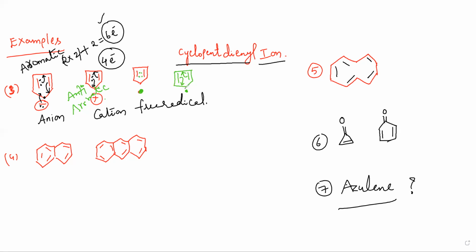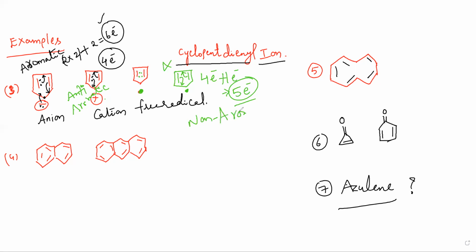Total electrons involved in conjugation: 2 into 2, 4 pi electrons, and one more electron here, which is also involved. So the total is 5 electrons. You will not get 5 electrons in either the 4n pi rule or the 4n plus 2 pi rule. That's the reason this is neither aromatic nor anti-aromatic. It is non-aromatic in nature.